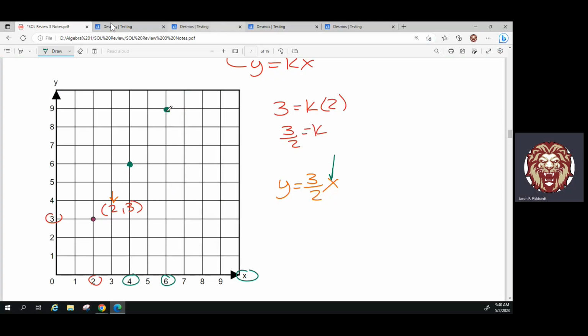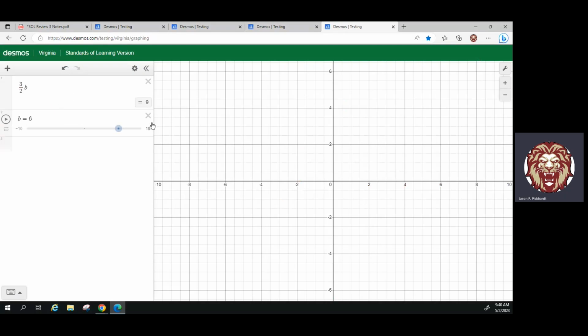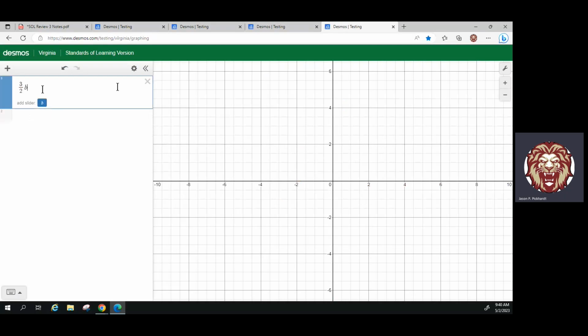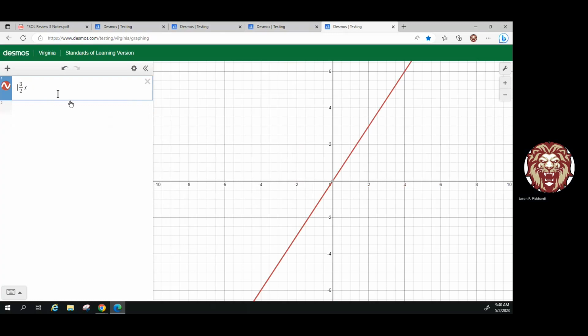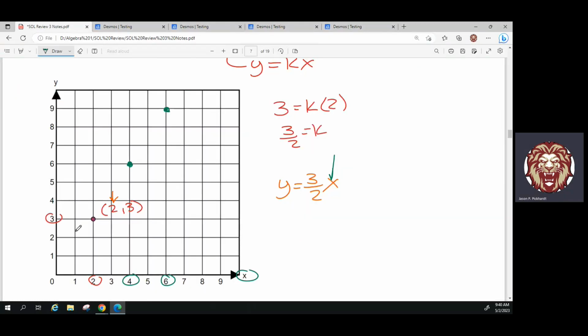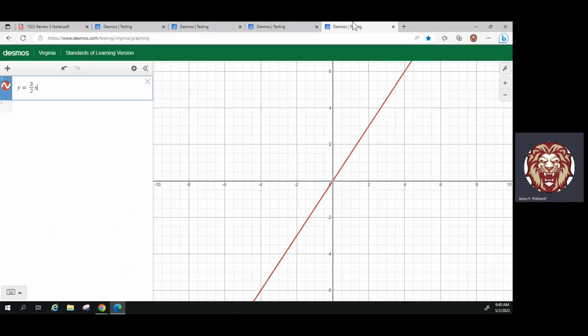Direct variation. And then actually, if I go back and type back in what I originally started with, even though I didn't want it at that point, this equation, that line should look similar to what is being formed here. And it does. It goes up to the right.